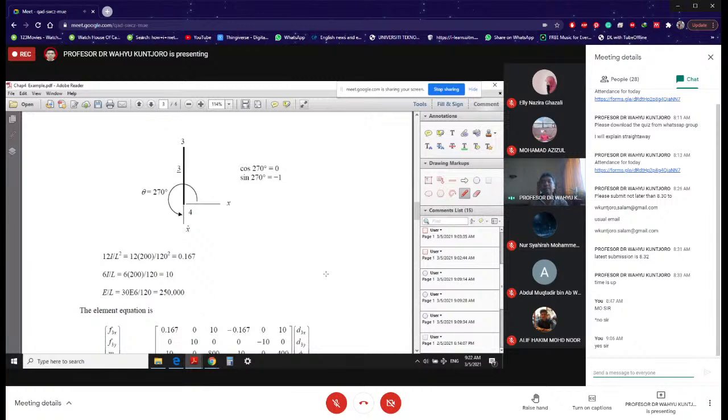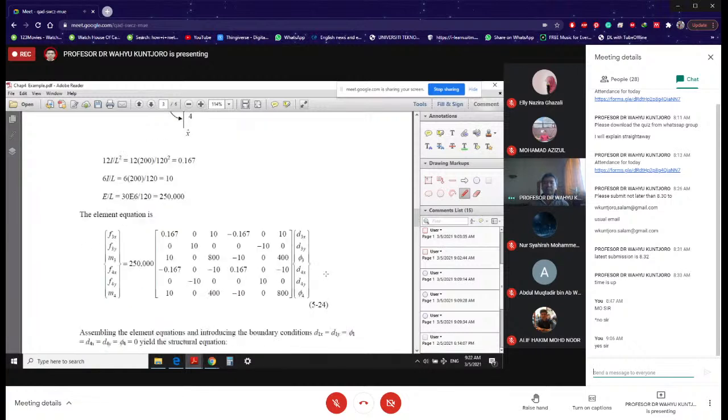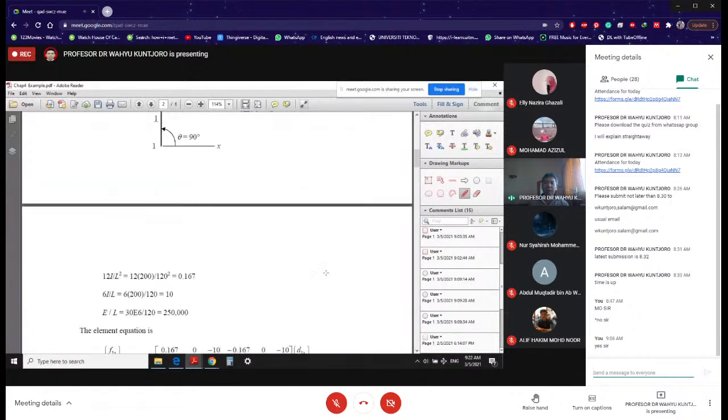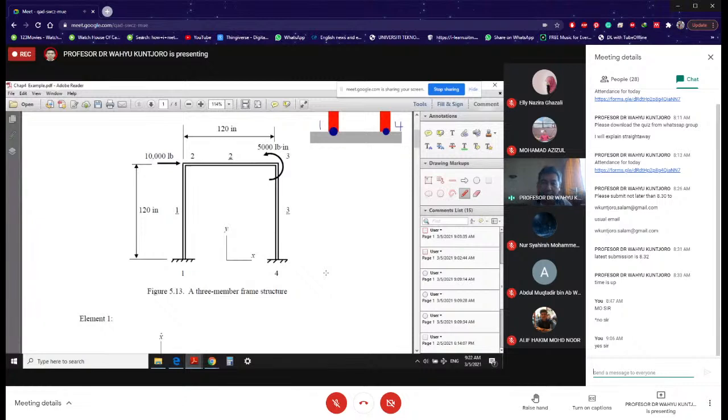What you need to do now is construct the structural equation. If you can do it properly, then your structural equation is going to be 12 by 12. So that means you need to expand your element equation from 6 by 6 into 12 by 12 because you got 4 nodes.